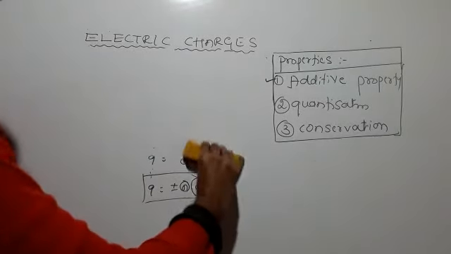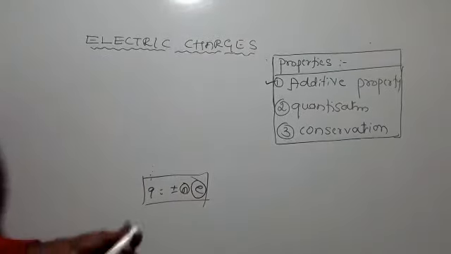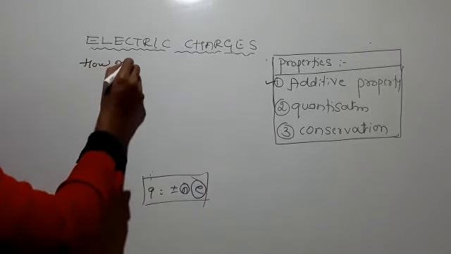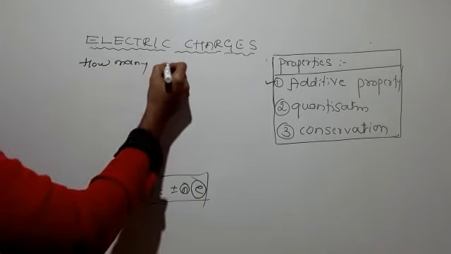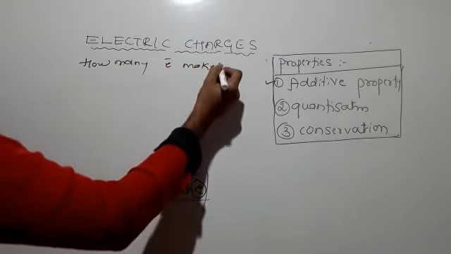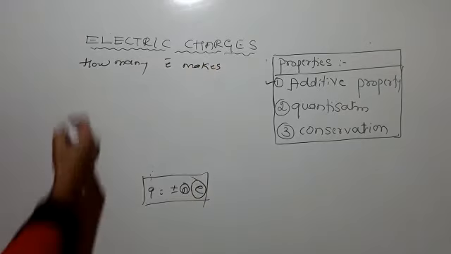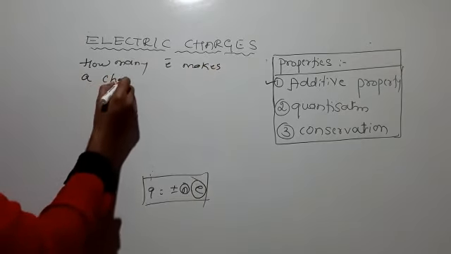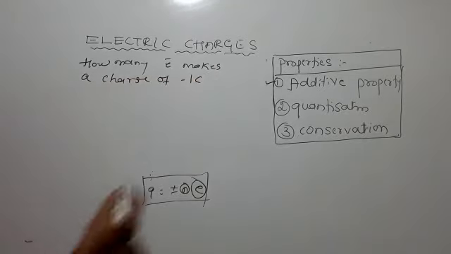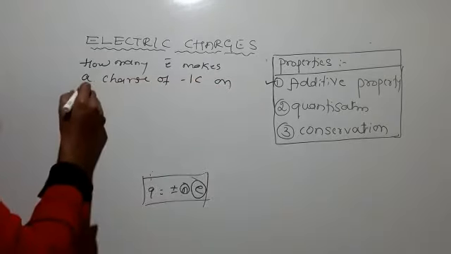The example is like this. How many electrons make a charge of minus 1 coulomb on the conductor?